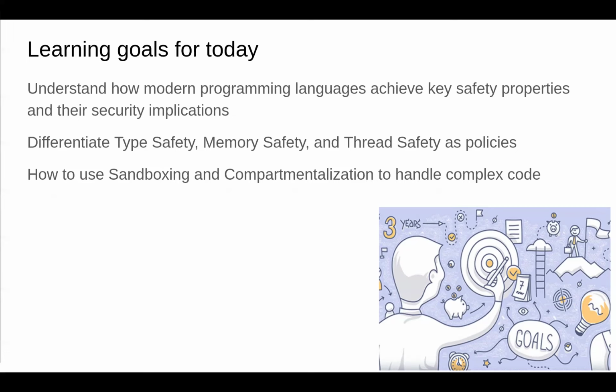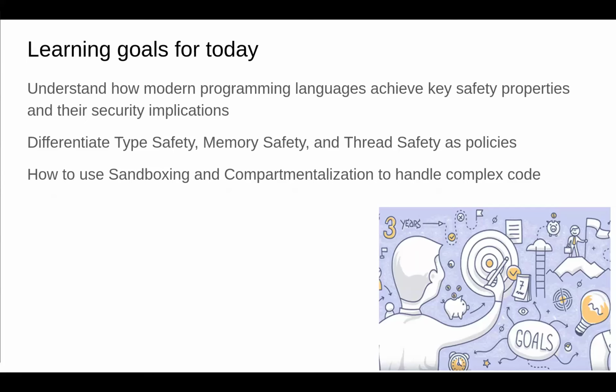You can have bugs in any programming language, but some programming languages make it easier for you to have bugs, and certain bug classes are possible or not possible in different targets. So we're going to look at some modern programming languages and also figure out how they achieve certain safety properties such as memory safety, type safety, concurrency safety, or whatnot.